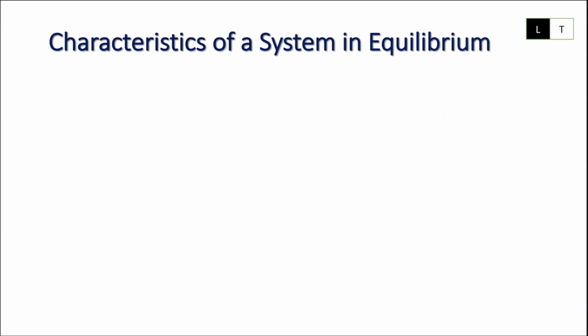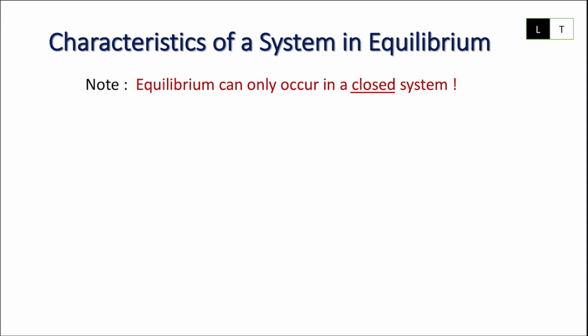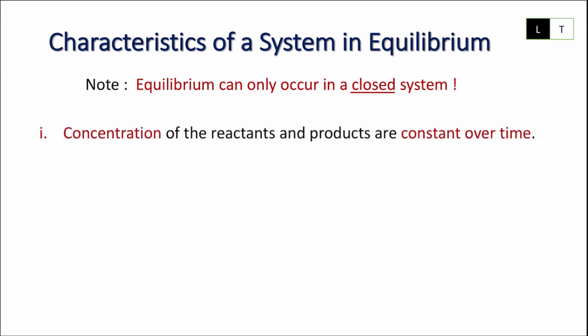So as a conclusion, macam mana kalau ada soalan tanya, discuss the characteristic of a system in equilibrium, you should understand that equilibrium hanya akan berlaku dalam closed system, di mana ada 3 karakteristik yang kita kena faham. Yang pertama, concentration of the reactants and product are constant over time. Dan yang kedua, forward reaction rate is equal to the reverse reaction rate.